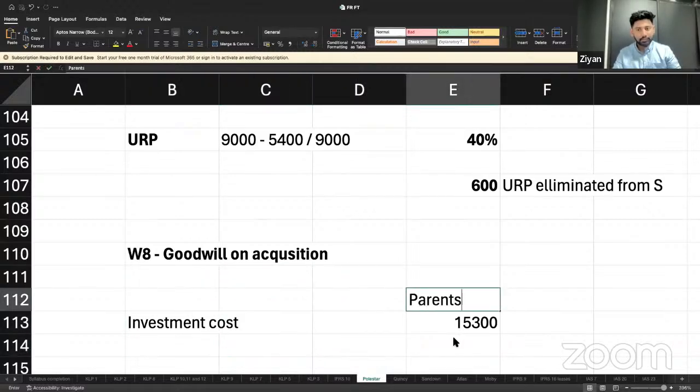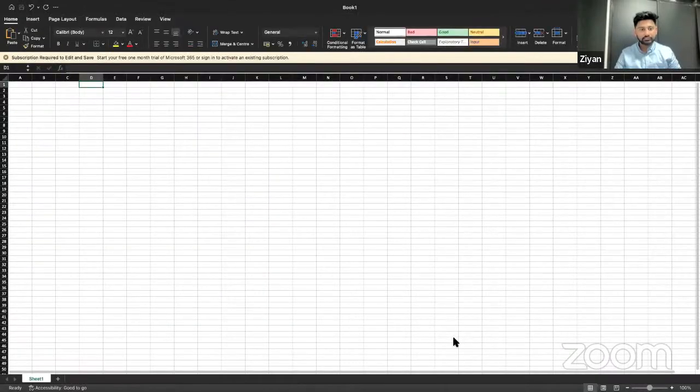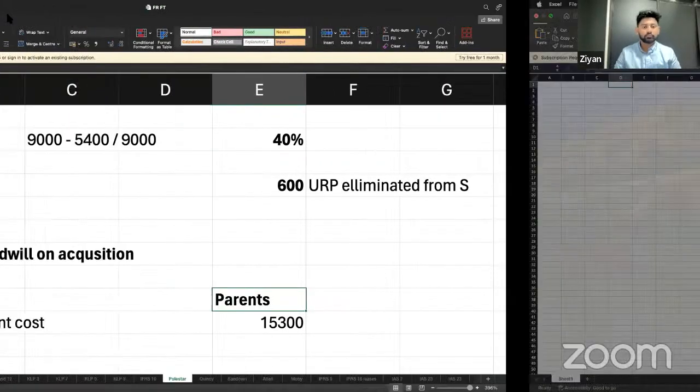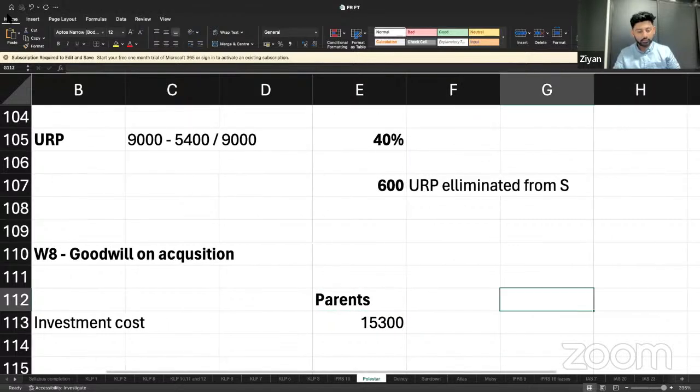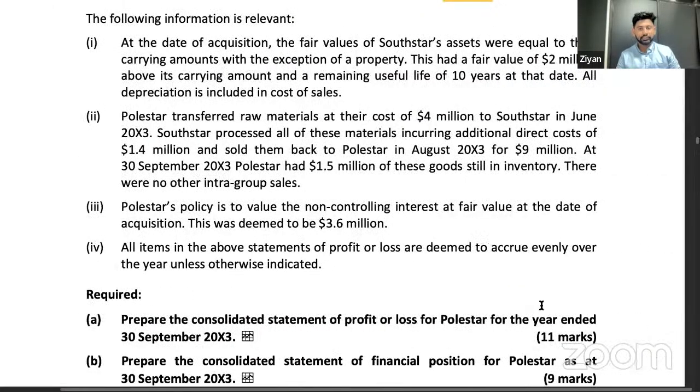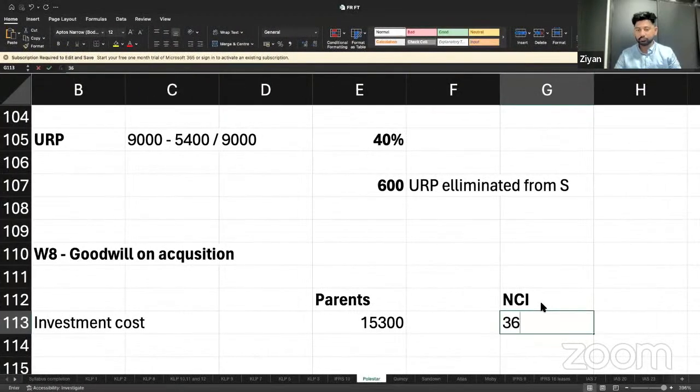This is parent's. And then we have NCI. NCI, how much is the investment cost? 3,600. Are we clear?